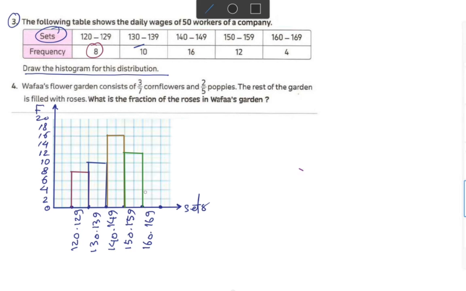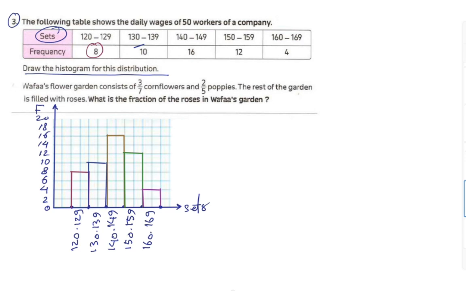Where is 4? This point, 4. Another line here at the end of the interval. Now close the rectangle. Now you have finished drawing your histogram for this distribution. Now go to the last question of our model.